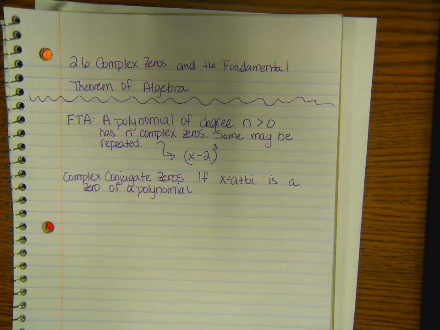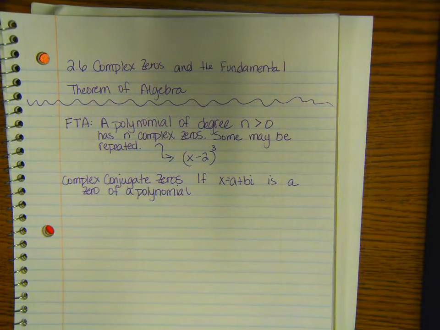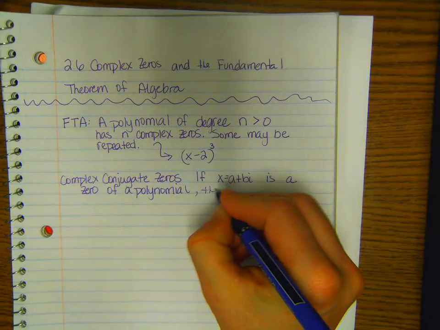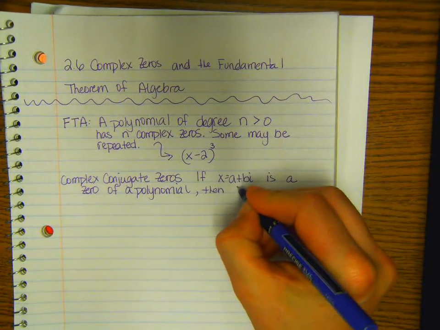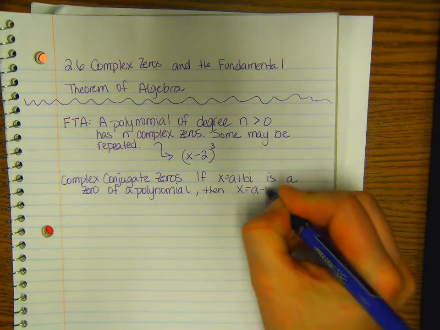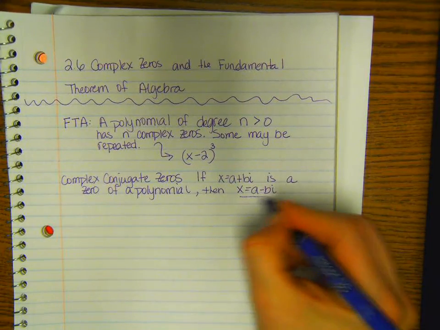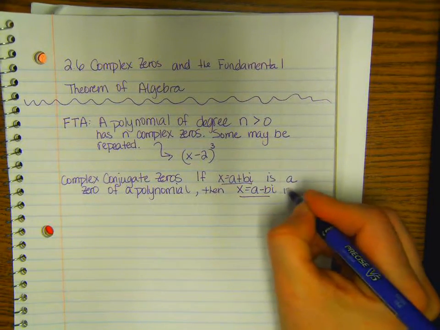What else can you tell me? If I said a plus bi is a 0 of a polynomial, it's an imaginary one. Good memory, Abby. What was it? Then its complex conjugate also has to be, so a minus bi is a 0.